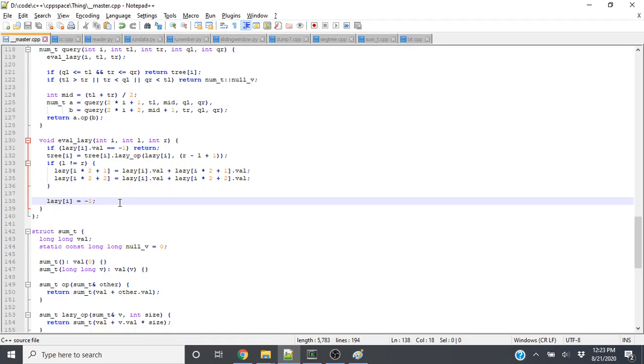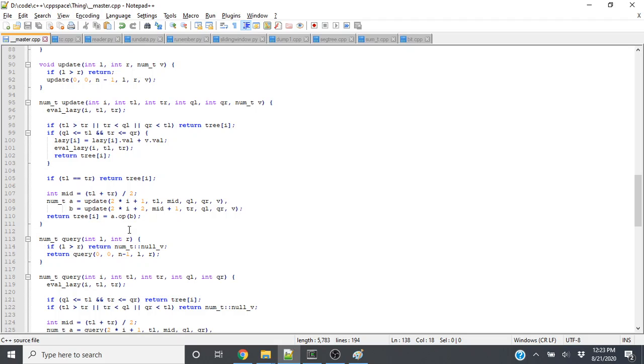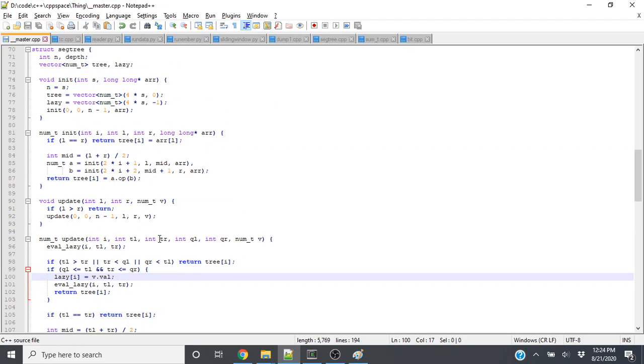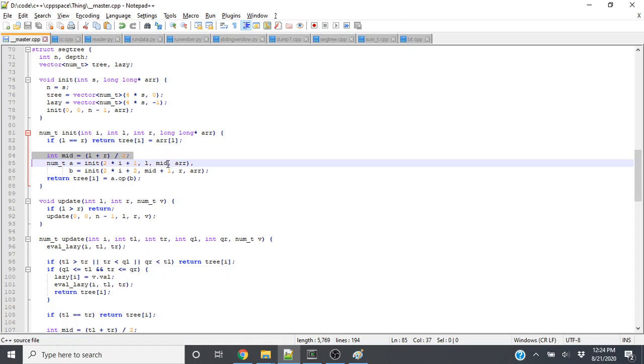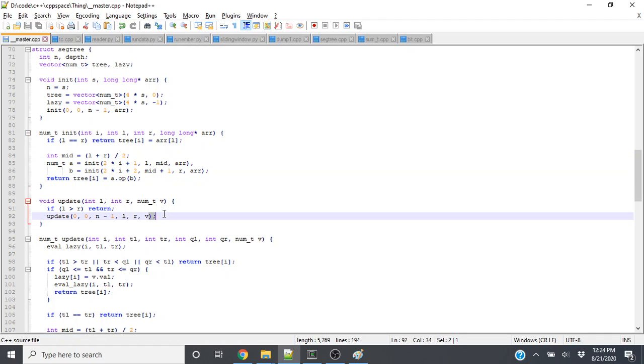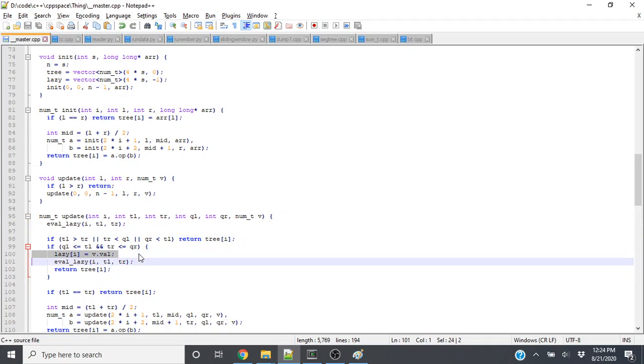I have this weird template, but it's not that big a deal. It's also not that great a template because it doesn't even let me support certain things. Okay, wait. So lazy is -1. Then if that, eval lazy. Lazy i equals v.val.